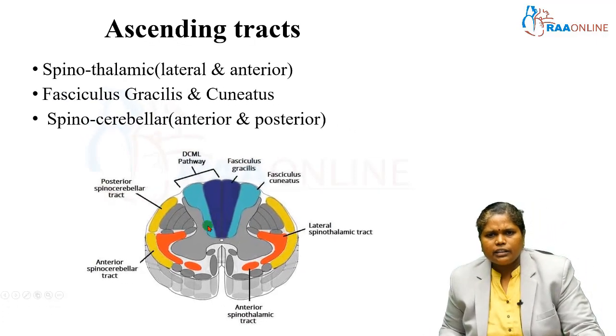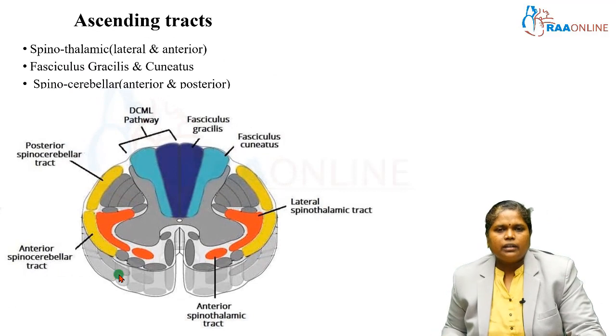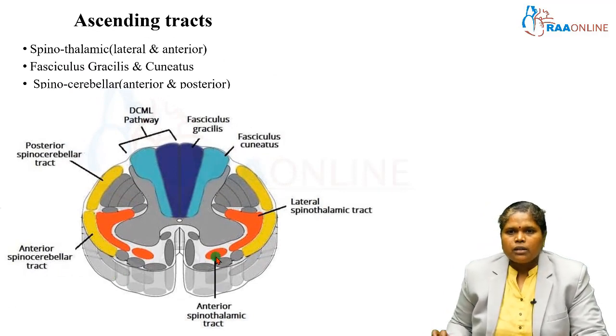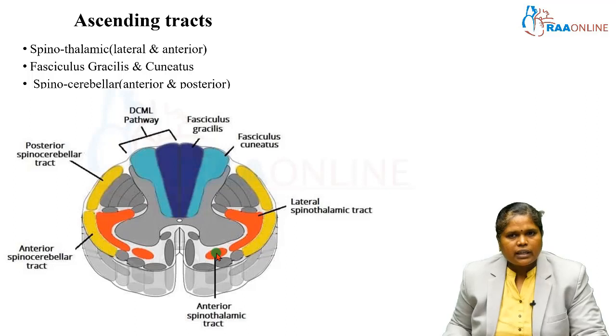You just see in the picture where these tracts are located. The first one is spinothalamic. The spinothalamic is the red colored one. You can see anterior spinothalamic in the anterior funiculus and lateral spinothalamic in the lateral funiculus, so depending on the location, it is named anterior and lateral.